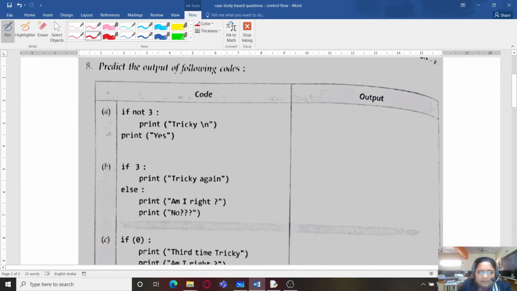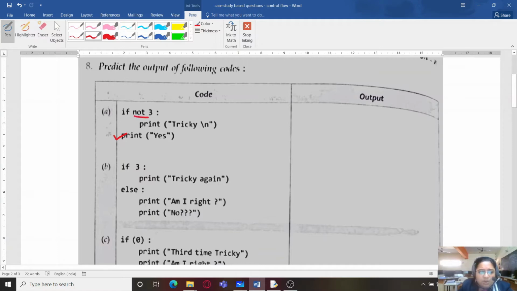And once we have done it, depending upon whether the if condition is true or false, this statement print yes will be printed regardless of whether the condition is true or not, because you can see there is no indentation provided, hence it is not a part of the if.